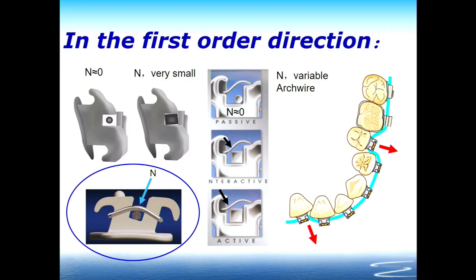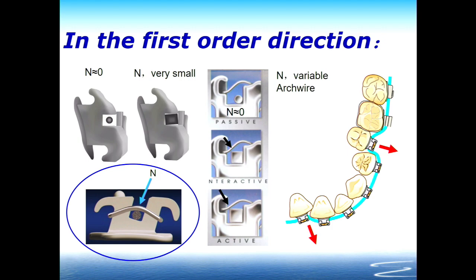But for self-ligating brackets like this, the pressure generated, when we use a smaller round archwire, is about 0.